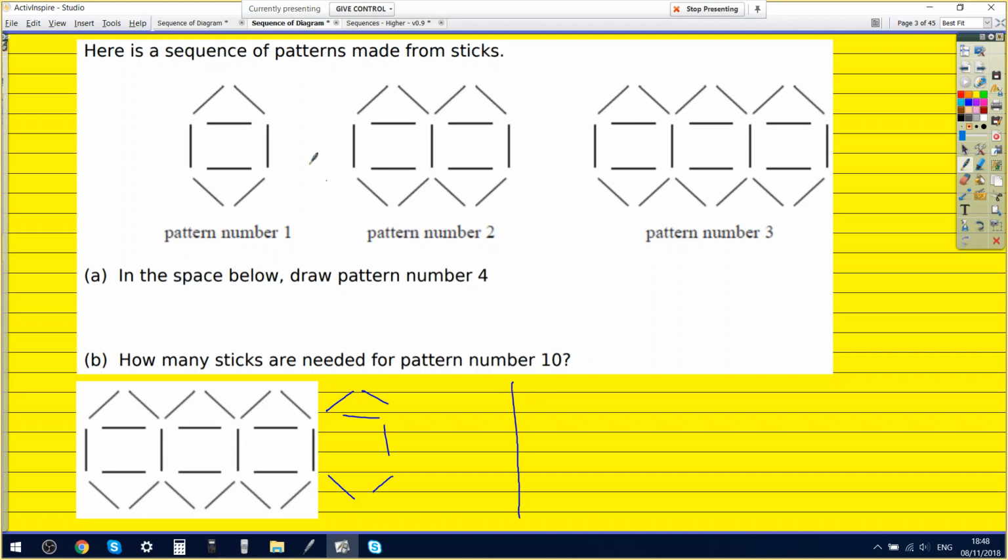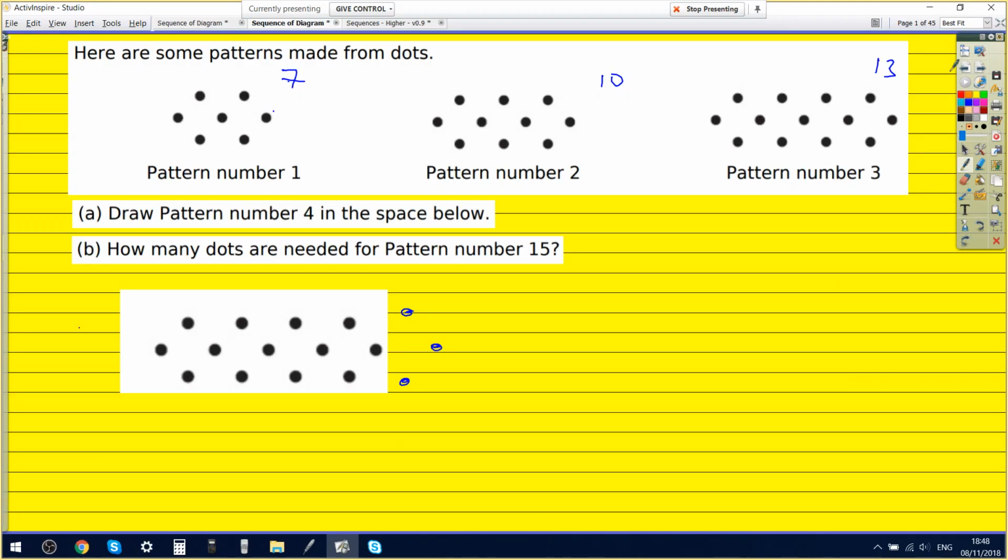How would you do that? And hang on, even before this one, sorry, this one. Part B. How many sticks are needed for pattern number 15? How would you do that? How many dots needed for pattern 15?